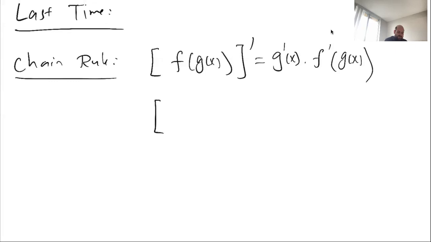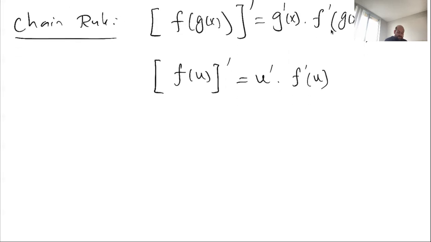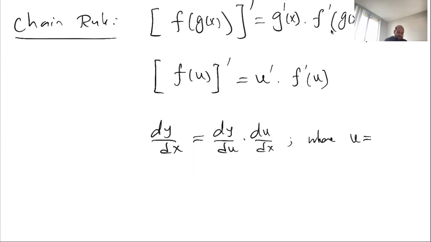Or you can write it as the derivative of f of u is equal to u prime times f prime of u. Or you can write it as dy/dx equals dy/du times du/dx, where y is equal to f of u.